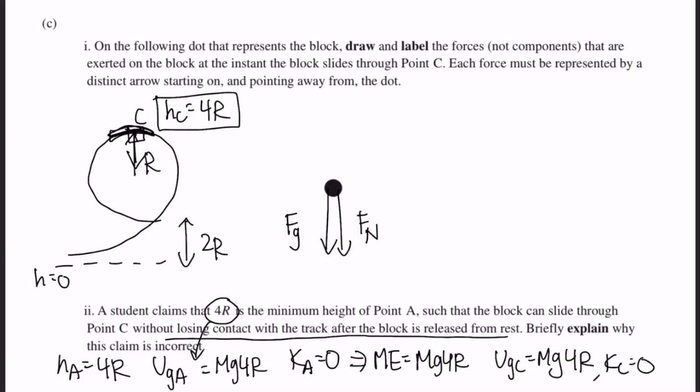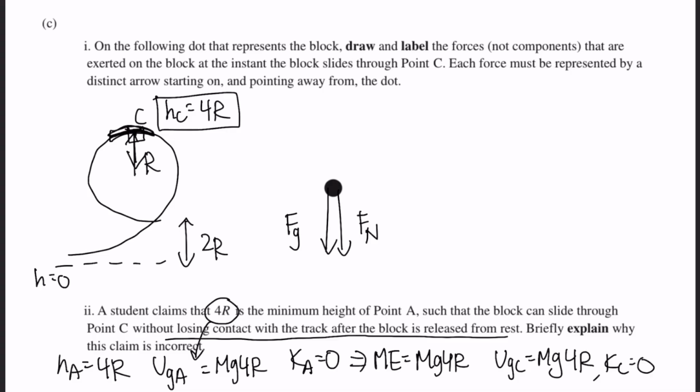And this is a problem because if it has no kinetic energy, then it's just going to fall straight down, meaning that it will lose contact with the track at point C. If this question were different, if it were asking, what is the minimum height at point A such that the block will just reach point C, then it would be 4r.